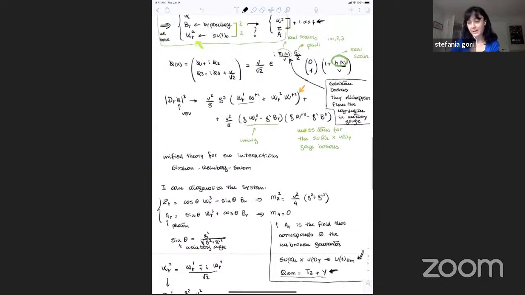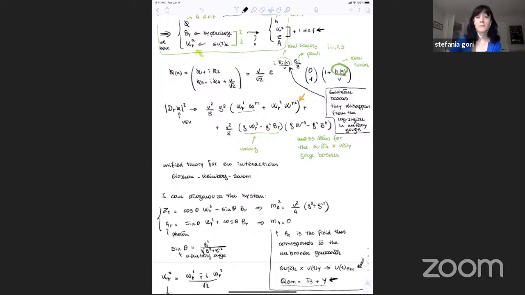This is a colorful way of saying that we have some fields that are the Goldstone bosons that can disappear from the Lagrangian in favor of longitudinal polarizations of gauge bosons that get a mass through this mechanism.